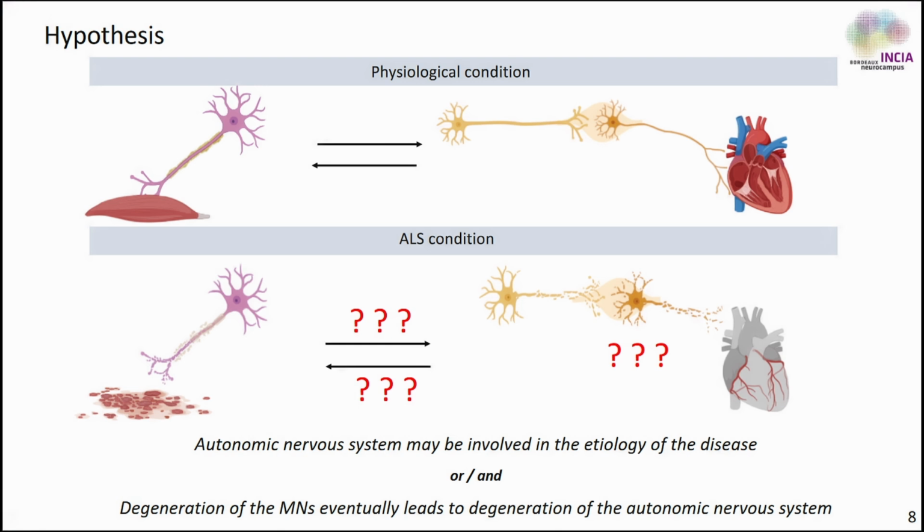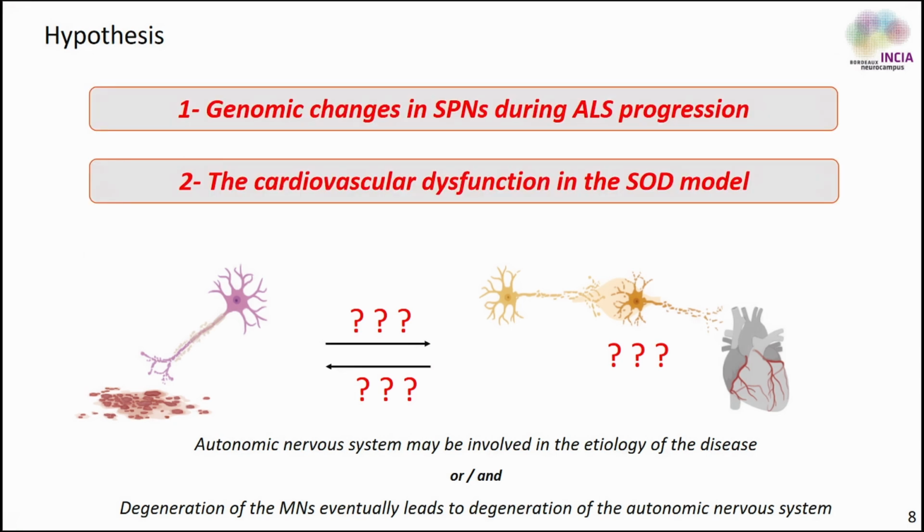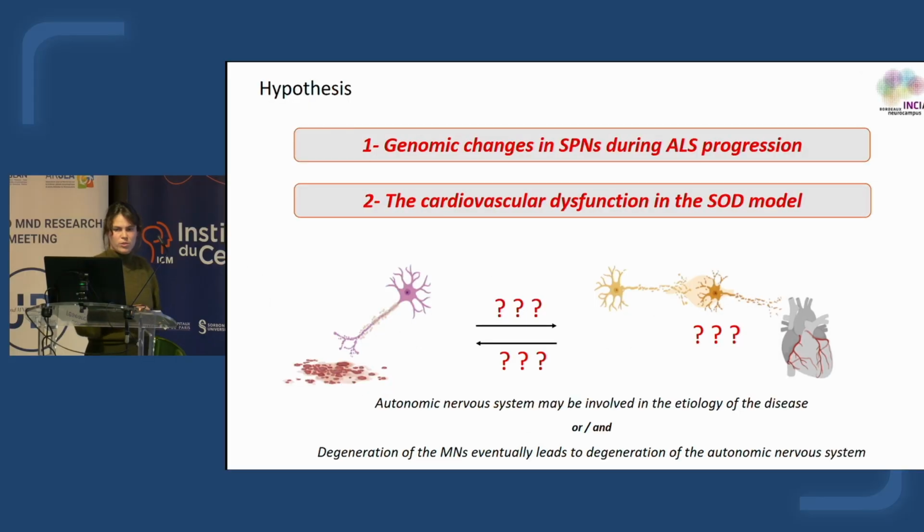So our hypothesis is that the autonomic nervous system may be involved in the etiology of the disease, or that the degeneration of motor neurons eventually leads to the degeneration of the autonomic nervous system. To study this, we will focus first on the dynamic change in SPN during ALS, and then on the cardiovascular dysfunction in the SOD models.